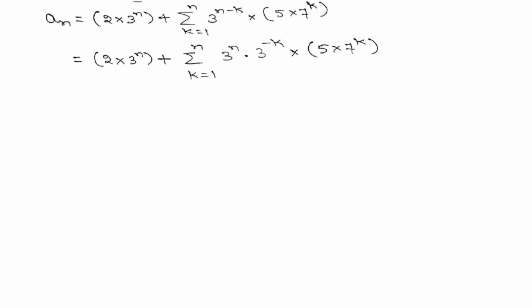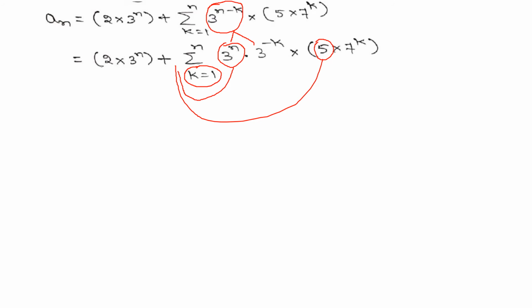Here we can split the bases as 3 to the power n into 3 to the power minus k. Then, since this summation runs over k, we can take this 3 to the power n, which is independent of k, and also the number 5, which is also independent of k, outside the summation as a common term.